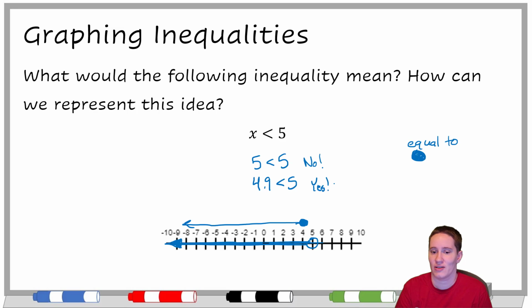Anything that's smaller than 5, even if it's just a little bitty bit smaller, is still going to end up being a part of our solution. It's kind of a weird idea at first, but I think it's one that you can get the hang of. Or just remember, when you have not equal to, so no line underneath, we put an open circle. When you have equal to, we're going to put a filled in circle.